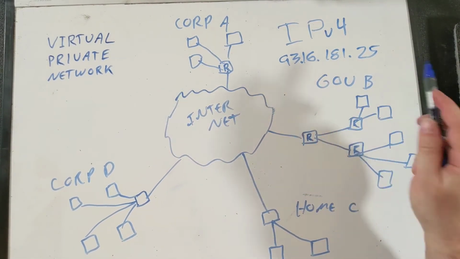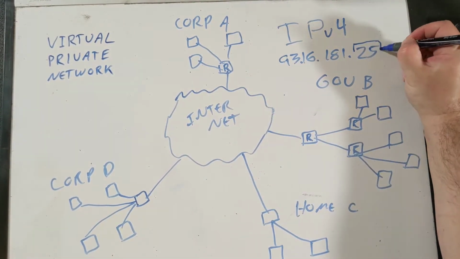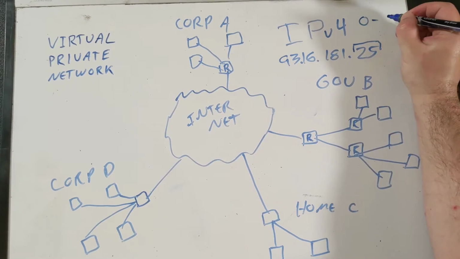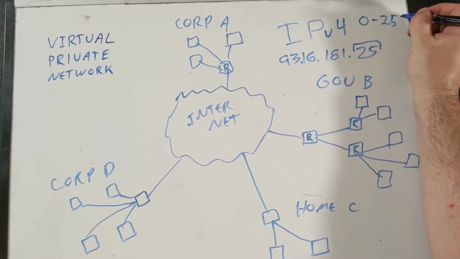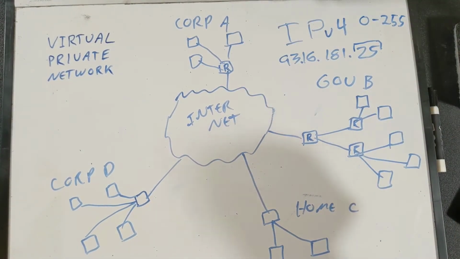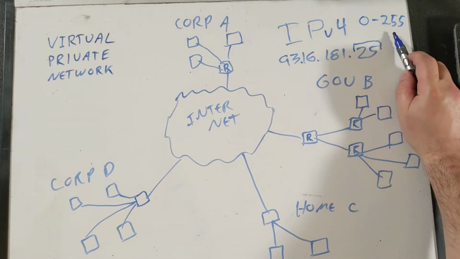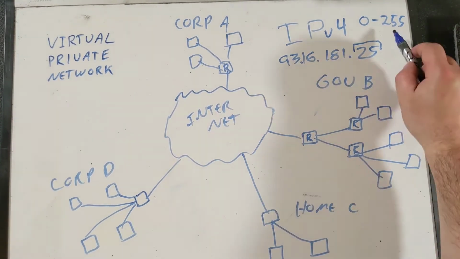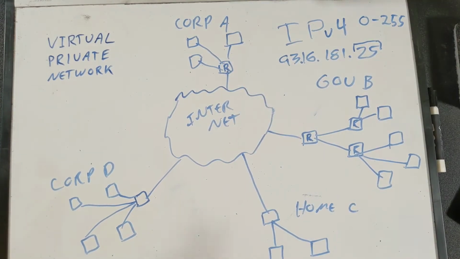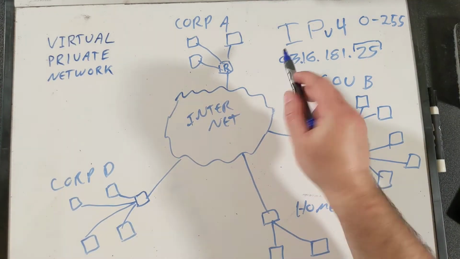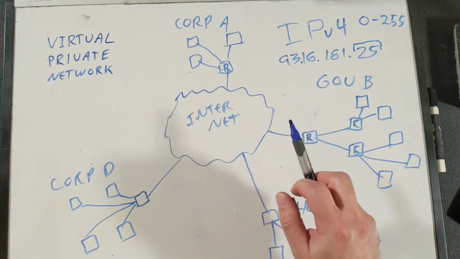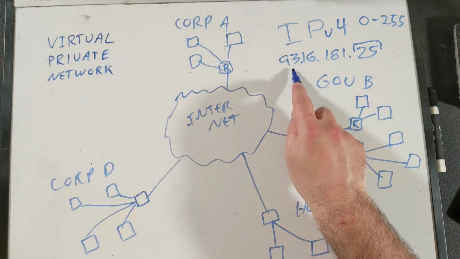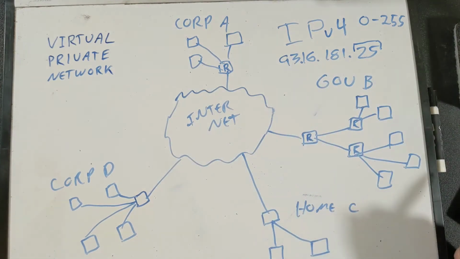So there's 4 numbers separated by dots, and each one of these numbers is in the range 0 to 255 because it is 1 byte of data, or 1 8-bit number. So that's the range that we can store in 1 byte. And so an IPv4 address is 4 bytes, one for each number between the dots.